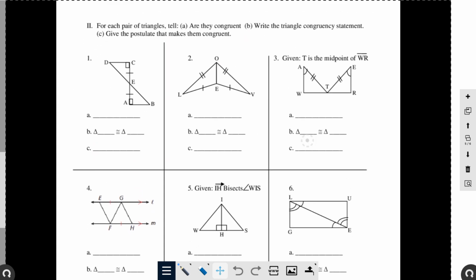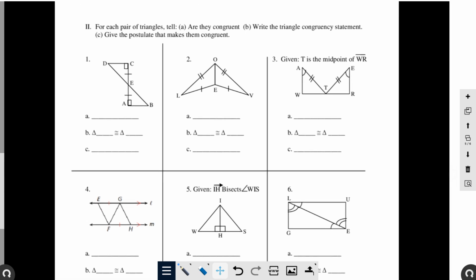Now, this is pretty similar to what you will be doing on your homework tonight. There are actually 3 questions here, so make sure that you answer all of these questions. The first one says, are they congruent? If they are, we write a congruency statement and we give the postulate. So the postulate is one of our special 5: side, side, side; side, angle, side; angle, side, angle; angle, angle, side; and HL.